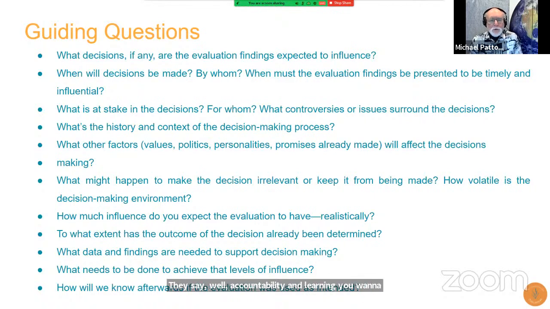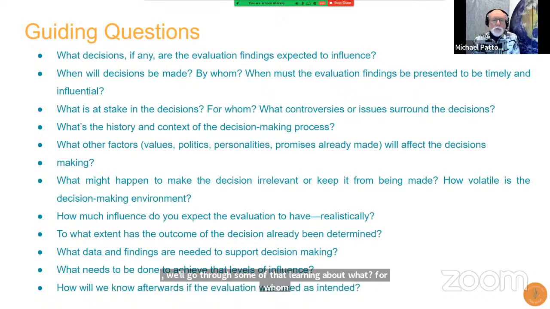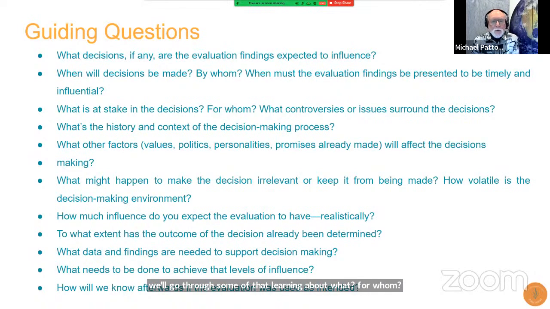You want to dig deeper into that. Accountability to whom, for what? And we'll go through some of that. Learning about what, for whom, what would you do with it? And what decisions are there lingering out there? When do those have to get made? Who's going to make them? So it's pushing deep into use.